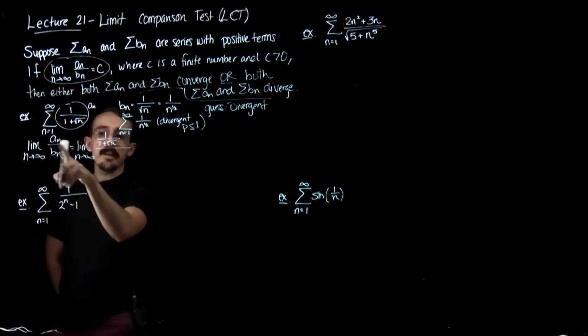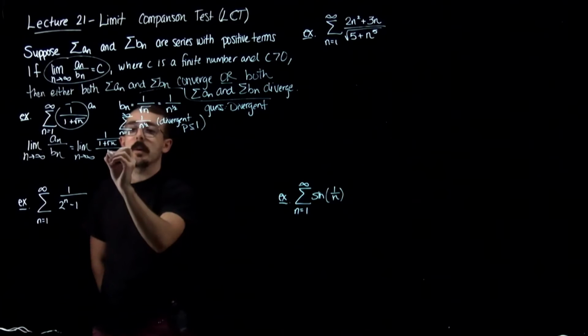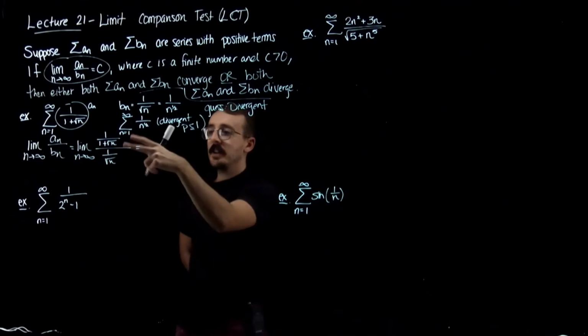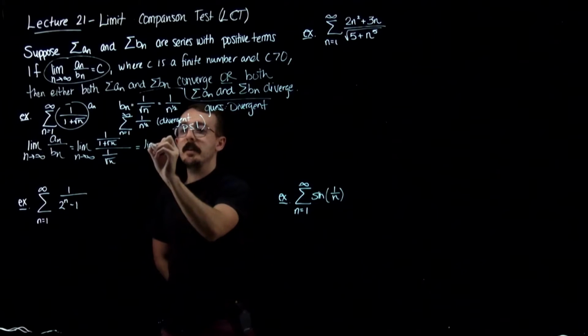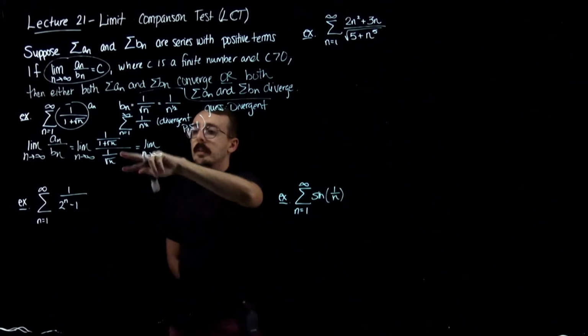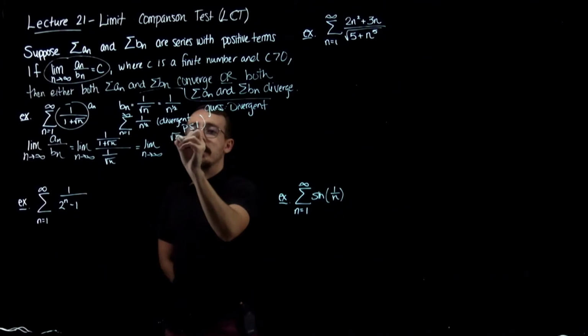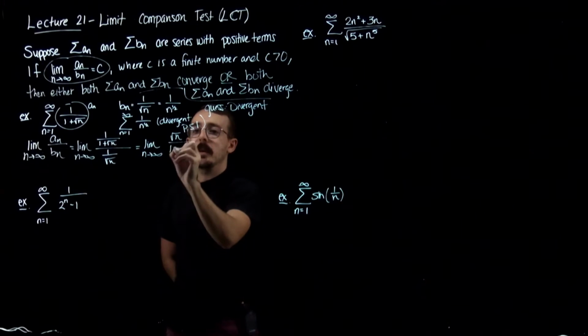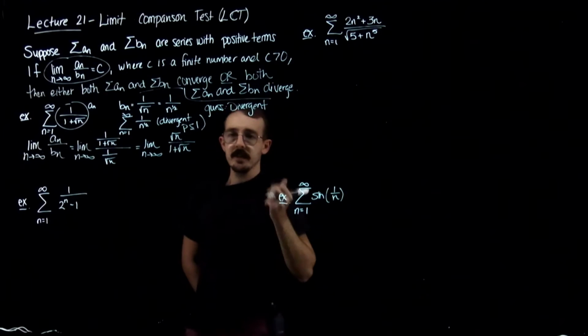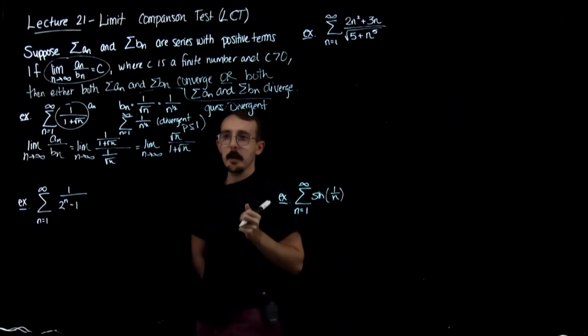And I divide it by b of n, the choice that I've made, which is 1 over square root of n. I have a fraction divided by a fraction, so I'm just going to flip them. So this is going to be the limit as n goes to infinity of, I'll flip this one up, the square root of n over 1 plus square root of n. So basically, I did keep, change, flip. I did that fraction arithmetic.